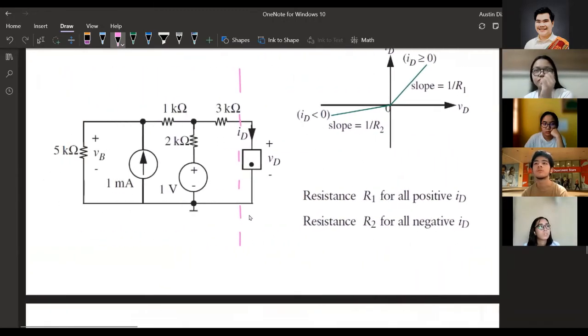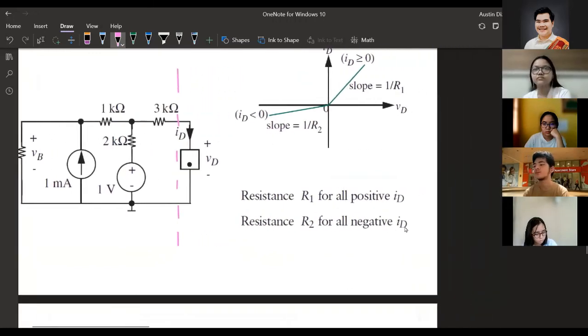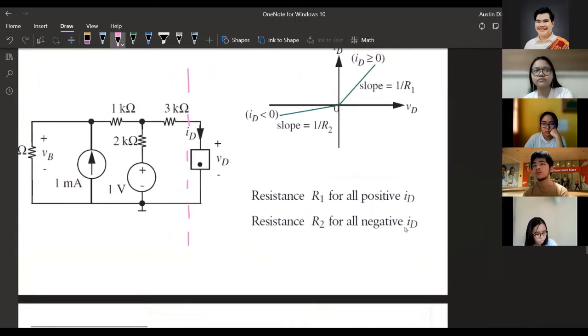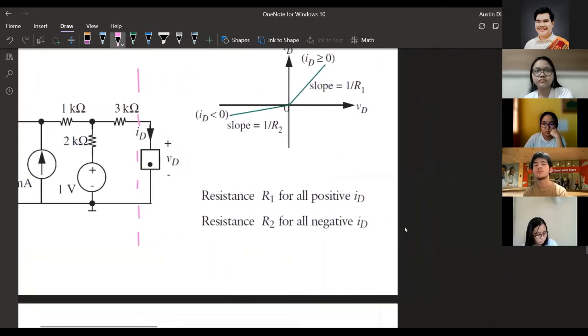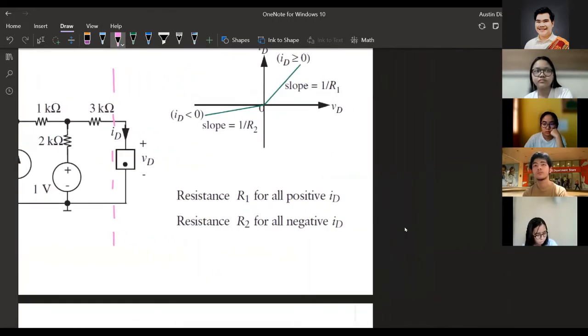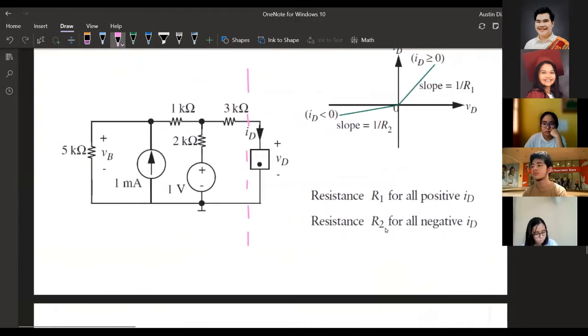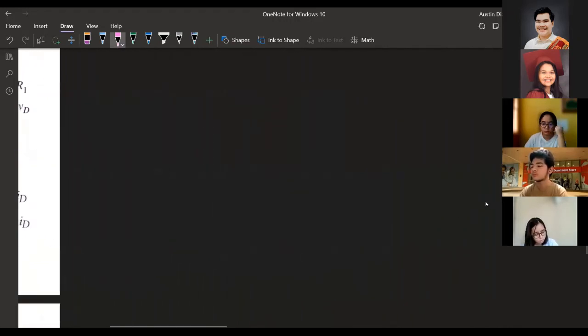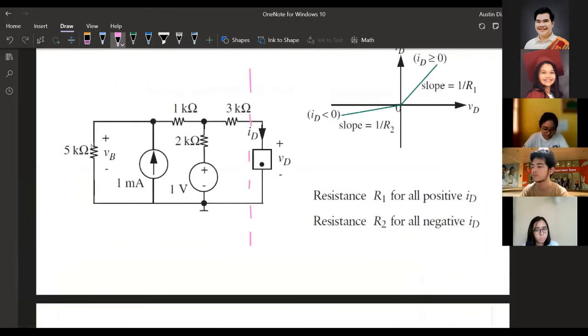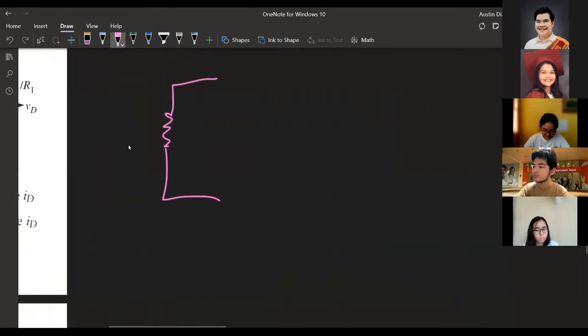And let's do that. Okay, mabilisan lang to. So, kapag dinisconnect ko, ano mangyayari? Redraw ko lang yung circuit. Meron akong isang resistor doon. Meron ako current source.